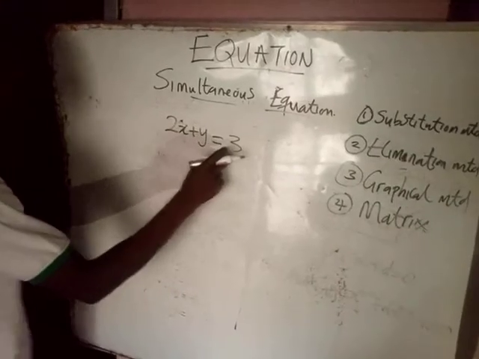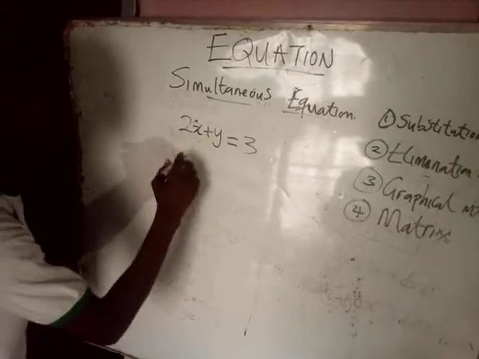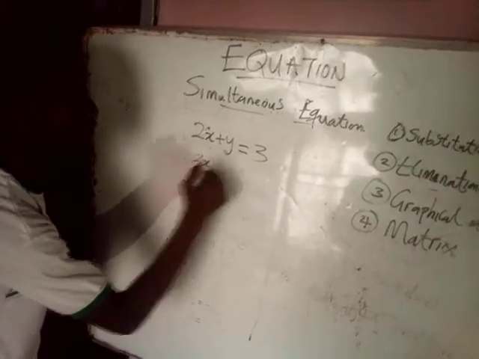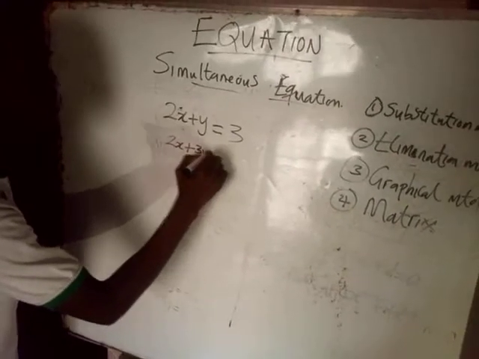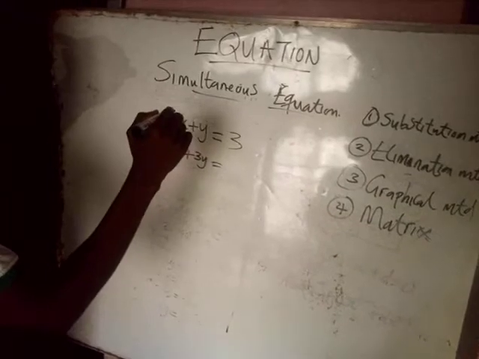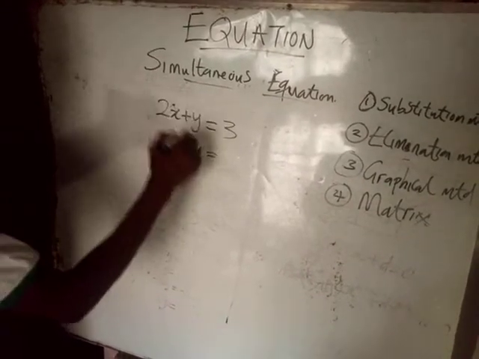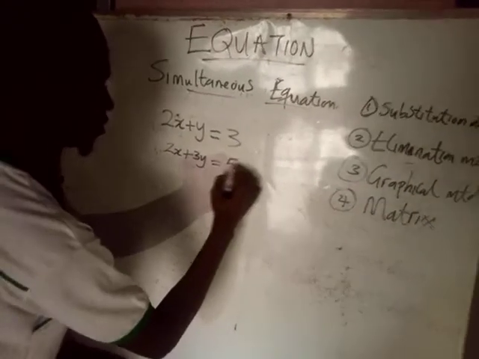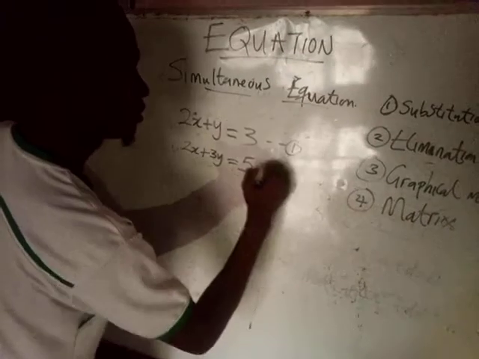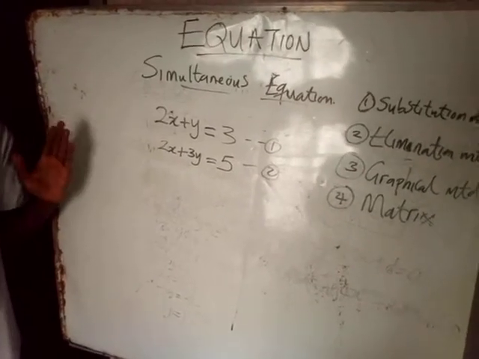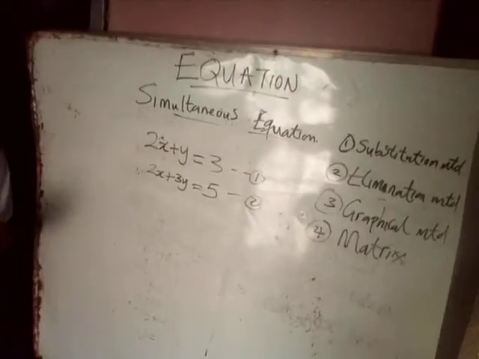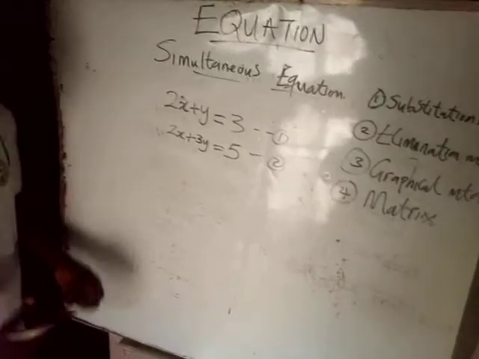And the other one is 2x plus 3y is equal to 5. Equation 1, equation 2. Yes, I think they are having coefficients now. We are making it more interesting.